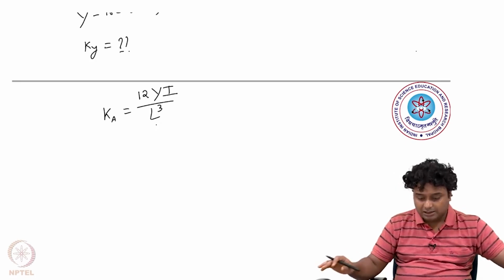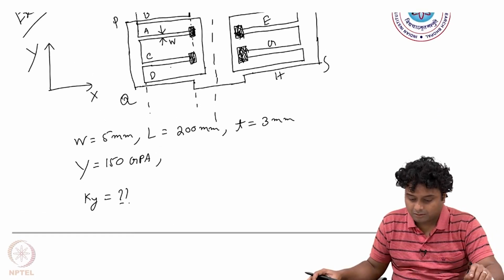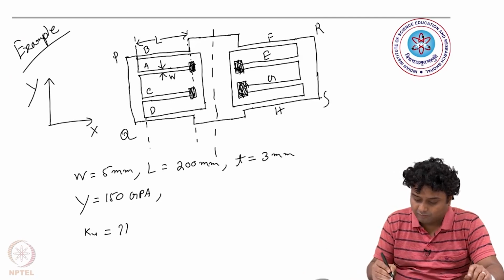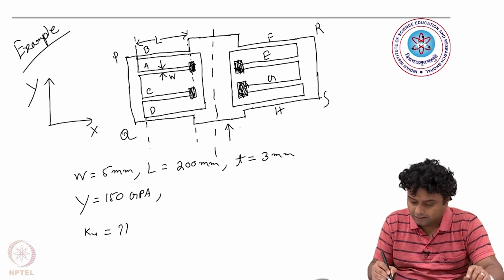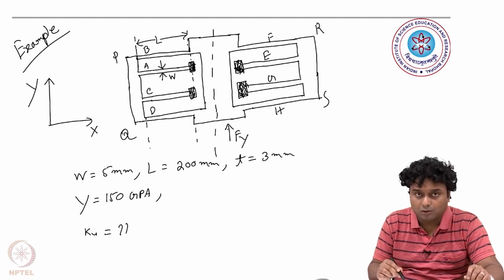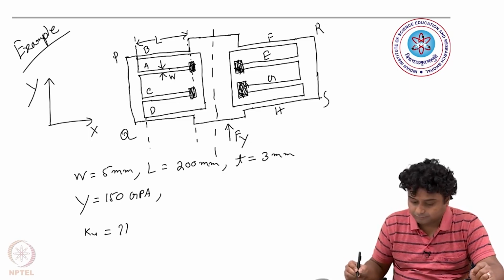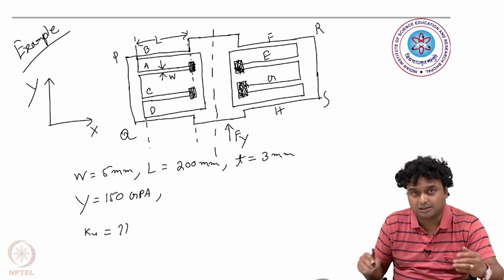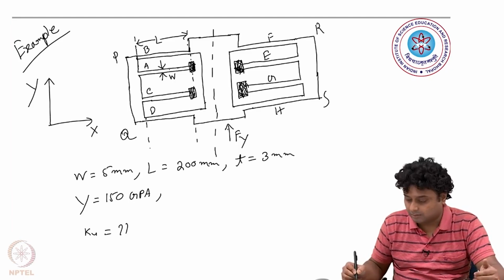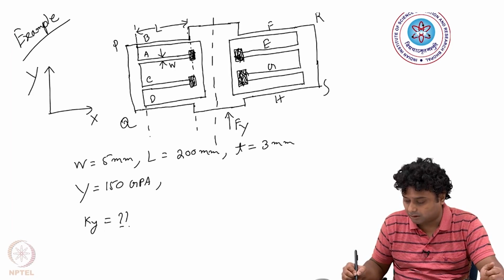In our case, for this example, force is applied in the y direction, so the width W is actually the height here, and the thickness is perpendicular to the force.